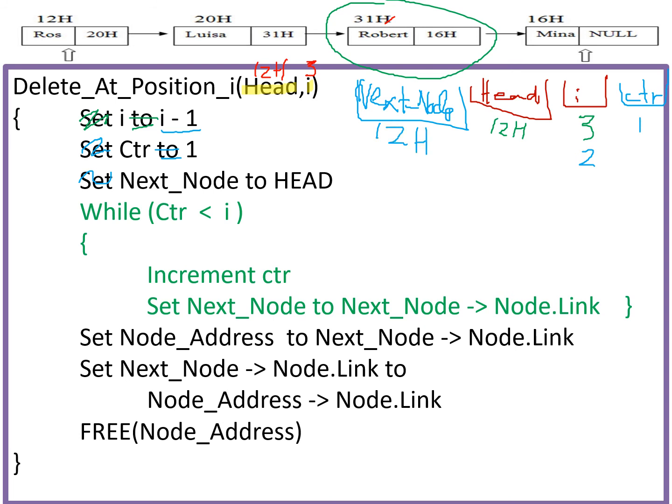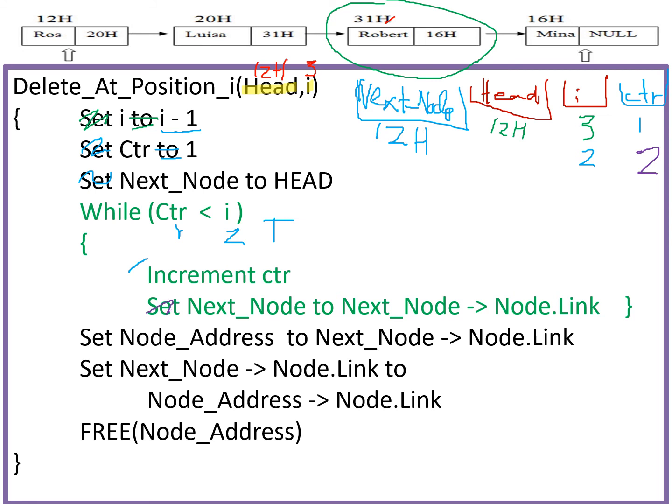Next. While counter is less than I. CTR is 1 and I is 2. Is 1 less than 2? Very good. True. So if it is true, let's increment the counter. So increment CTR. So CTR will now be 2. Okay?